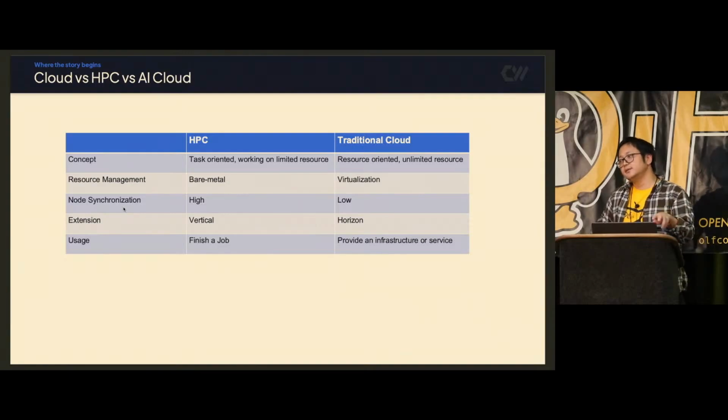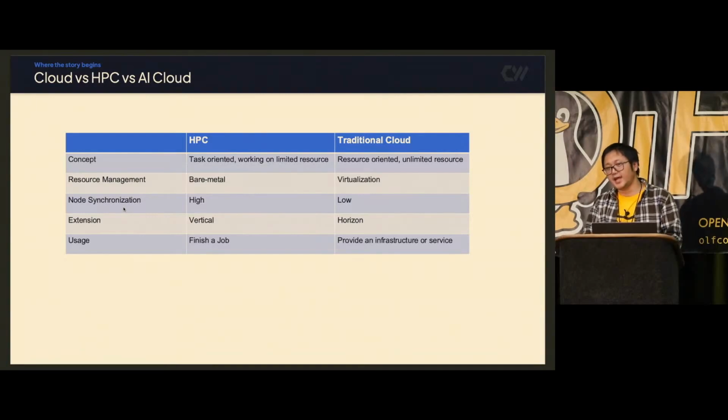And then these days, suddenly it comes to the cloud. And cloud is convenient. Cloud is easy and cheap. So it's everywhere now. So when it comes to AI, they want an AI cloud.